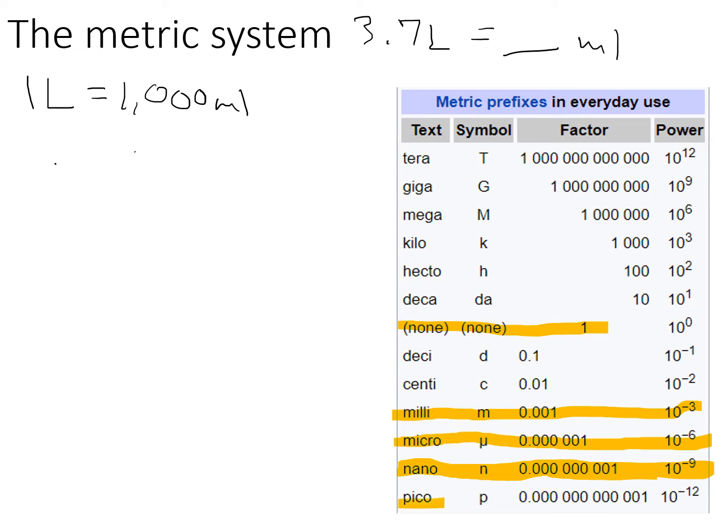Pico, that's a trillionth. I'm not asking you to memorize these things because I do realize that we live in the world of the internet and you can look these things up pretty easily. But these ones, milli, micro, nano, you're going to be reading them all the time. And if you're going into any science-related field, you have to know them. You cannot be looking these things up all the time. This is about being scientifically literate.